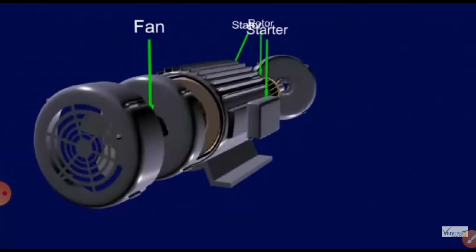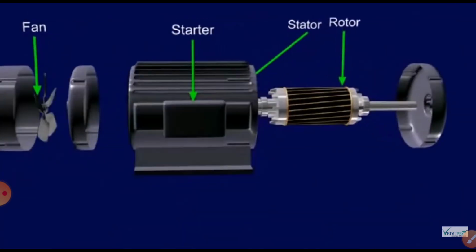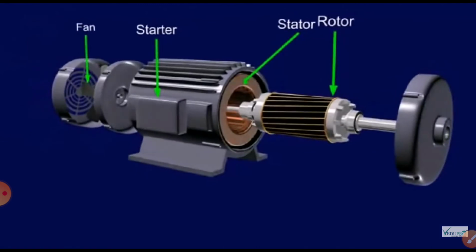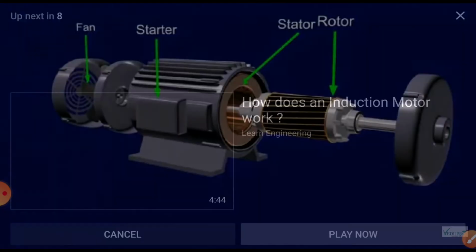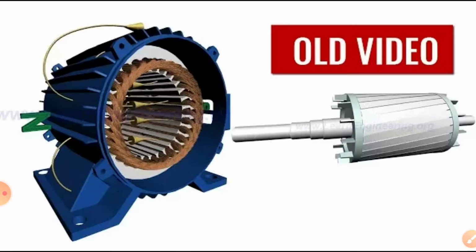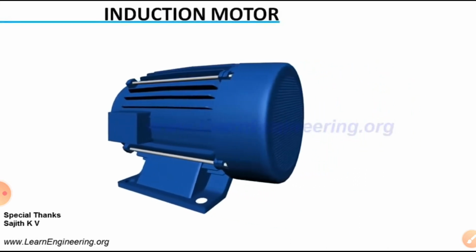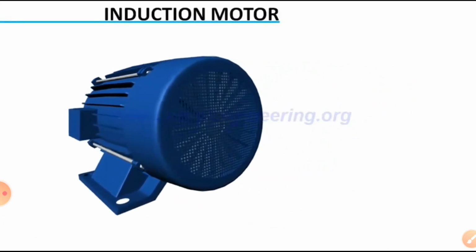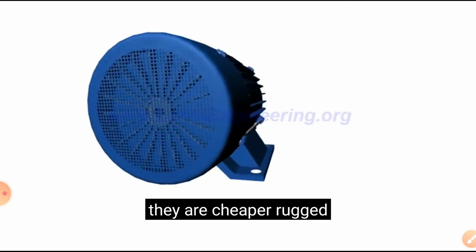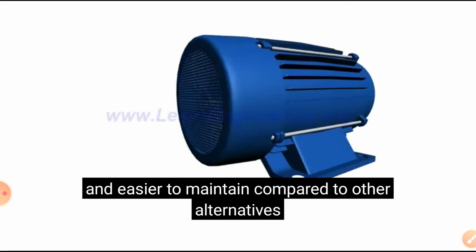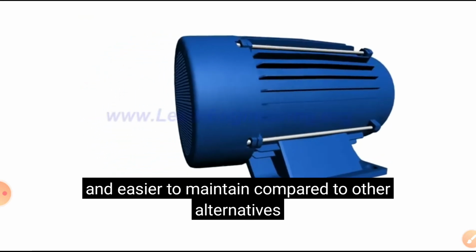We have already discussed each part and the purpose of each part. You can observe that the rotor slots are skewed. Have you seen this? Already we discussed all these things. What were the advantages?